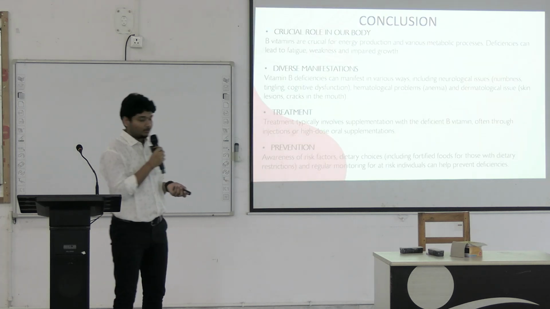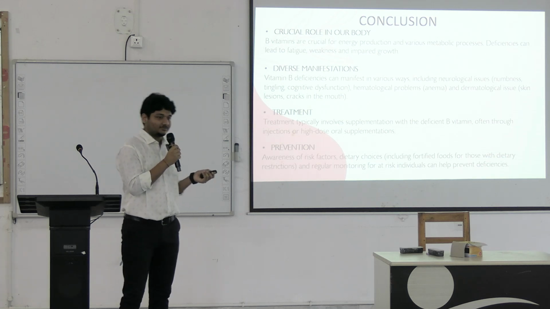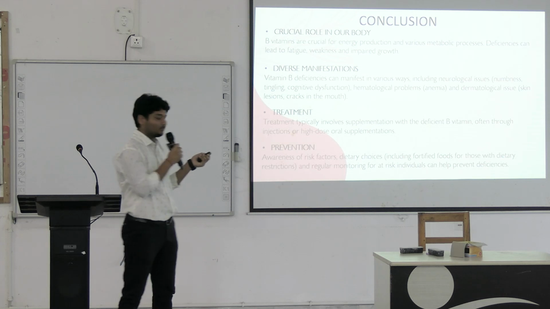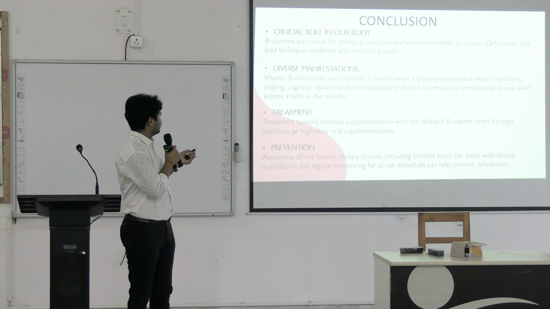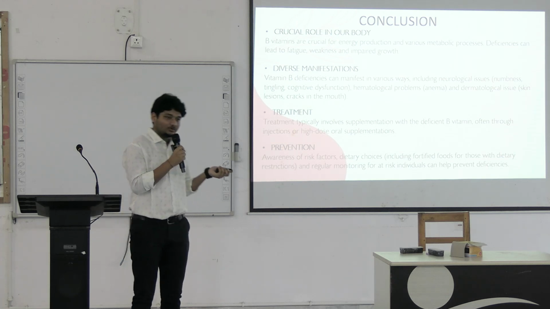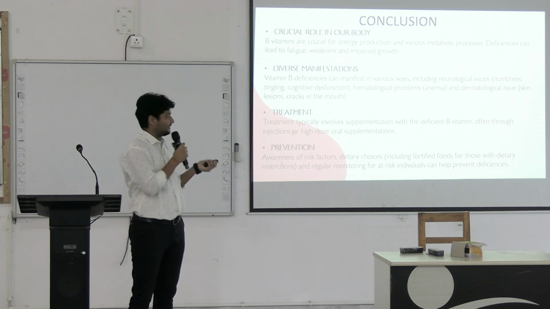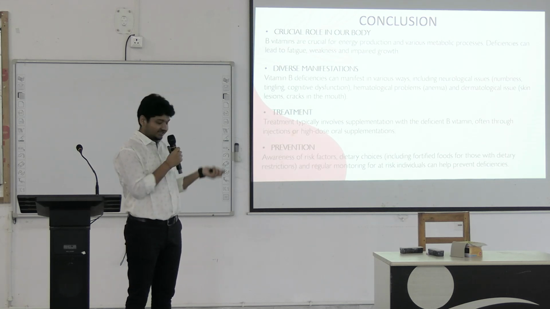Then final conclusion: vitamin B has a crucial role in our body. It is very important, crucial for energy production and various metabolic processes. The deficiency can cause fatigue, weakness, and growth problems. Diverse manifestations: vitamin B deficiency can cause dermatitis, anencephaly, hematological problems, and neurological signs.